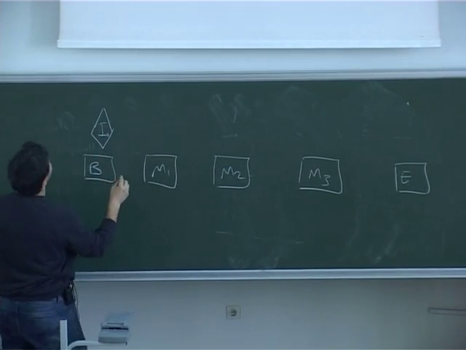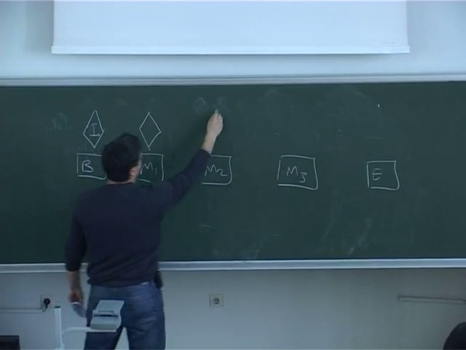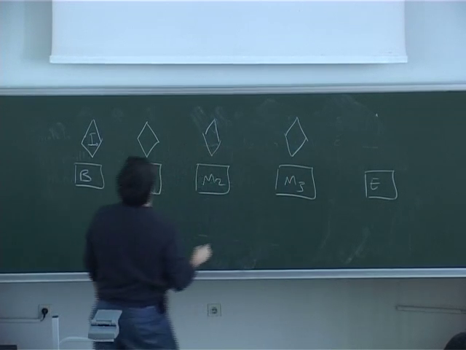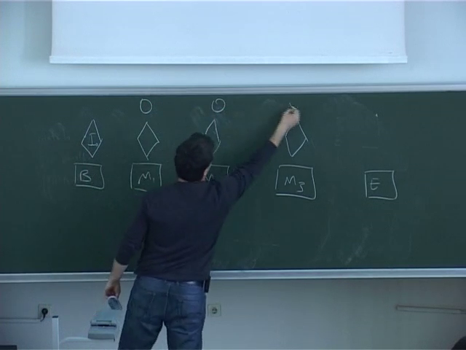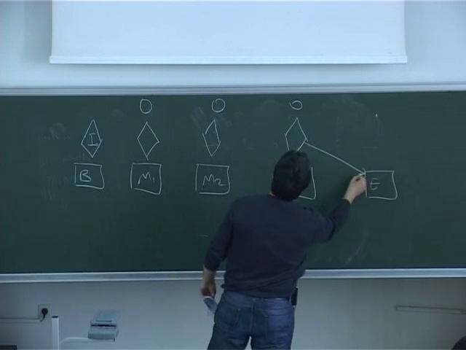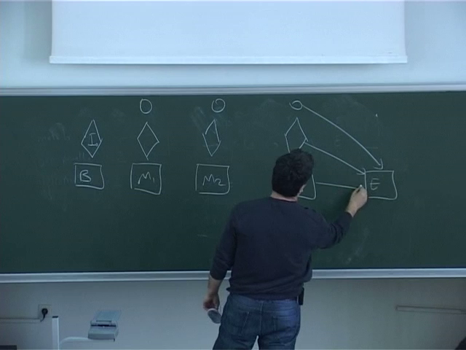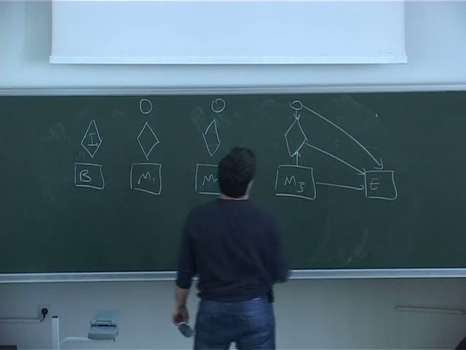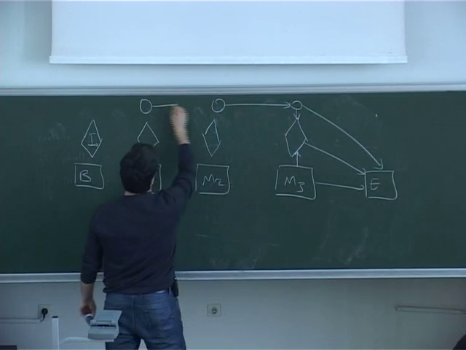Let me name it I0. I have another insert state, insert state, insert state. And I am going to have delete states, 3 of them. Delete, delete, delete. And that's my structure. Let me draw the arcs. Okay, it's like this. From this delete to this delete.